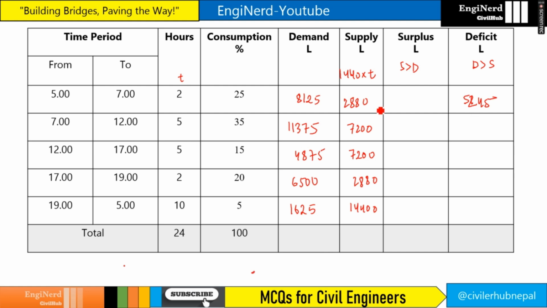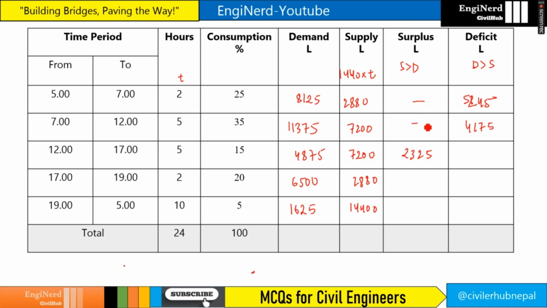In the next row it will be 11375 minus 7200, which is 4175 in the deficit part because demand is greater. Now supply is greater in this third case, so 7200 minus 4875 will be 2325 in the surplus part.